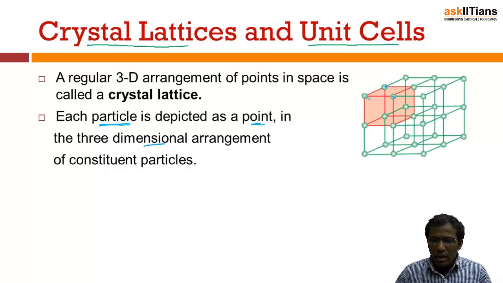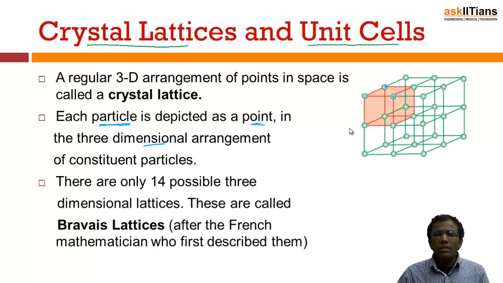So how many ways can we arrange these points in 3D? This is the question: how many possible arrangements are possible in 3D? There was a French mathematician named Bravais.